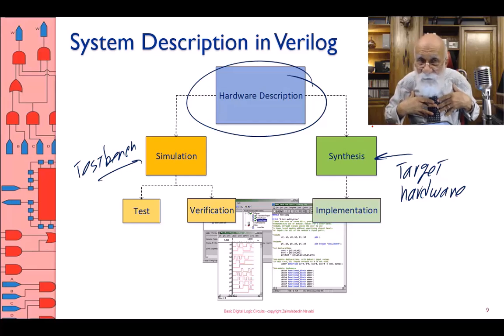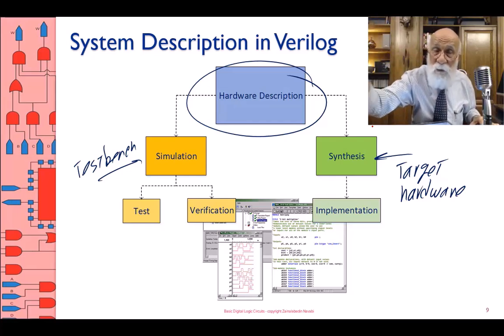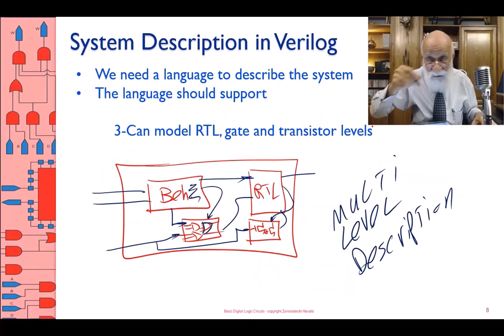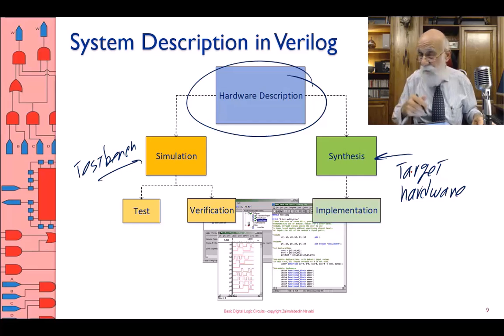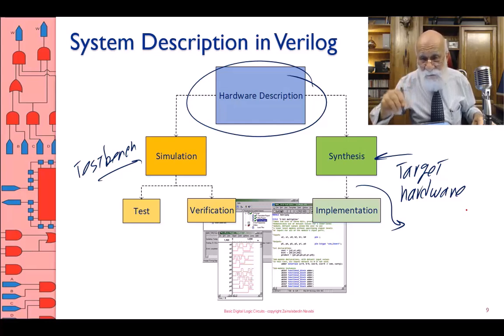But I haven't done that. I have said, this is what I want. This is the behavioral description. This is the RTL description. Give it to the synthesis tool. I tell the system, okay, give me a netlist. The netlist can be the elements existing in the target hardware.